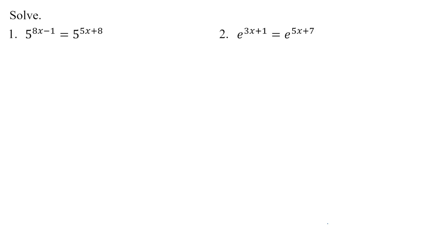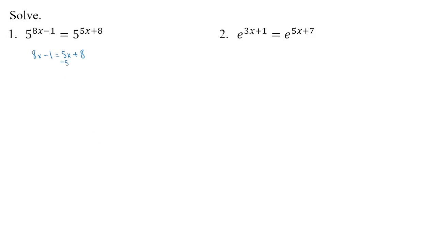All right, let's say you have 5 to the 8x minus 1 power equal 5 to the 5x plus 8 power. So if that is true, that means that 8x minus 1 equals 5x plus 8. And all we have to do now is solve the equation.